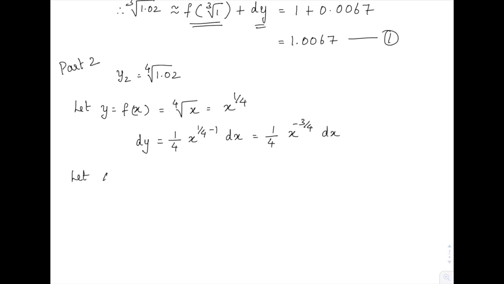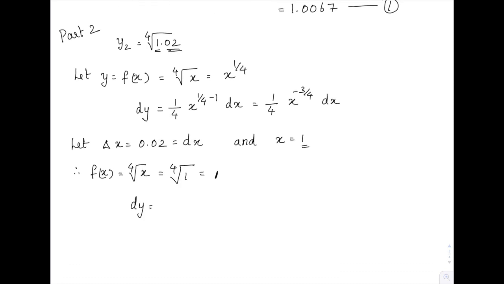So we know dy now. Then let's assume delta x, which will be coming from here, 0.02, which we will call dx, and x is equal to here 1. Therefore f of x is equal to 4th root of x, which is, we know x as 1, so 4th root of 1 is equal to 1.